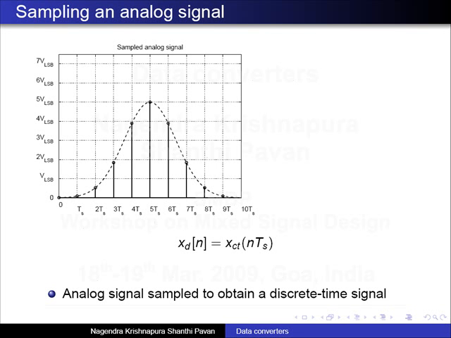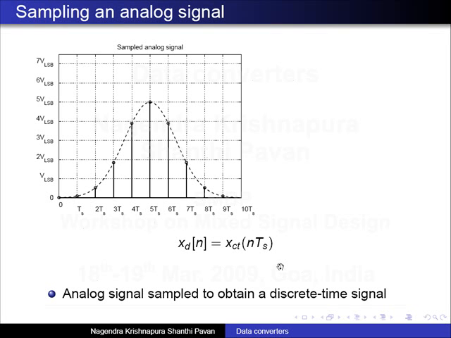Now, let us say I have the continuous time signal that is denoted by the dashed line here. And I sample it to get these samples 0, 1, 2, 3. I sample it at Ts, 2Ts, 3Ts to get these dots, the samples. So, that is denoted in the time domain like this.